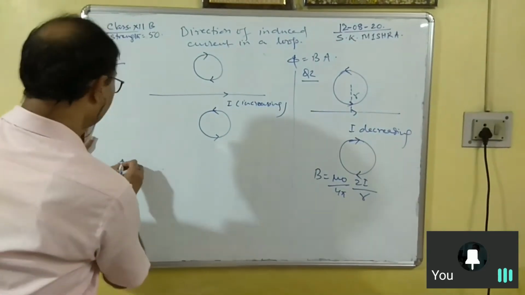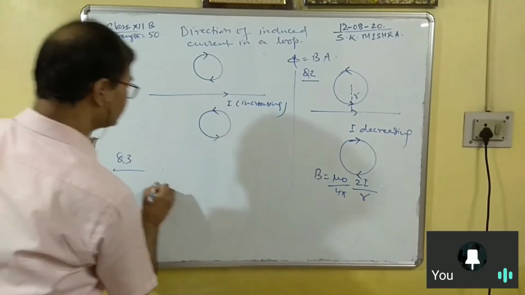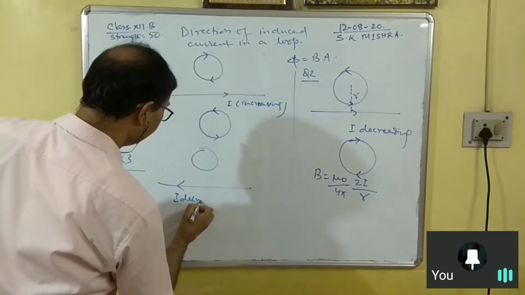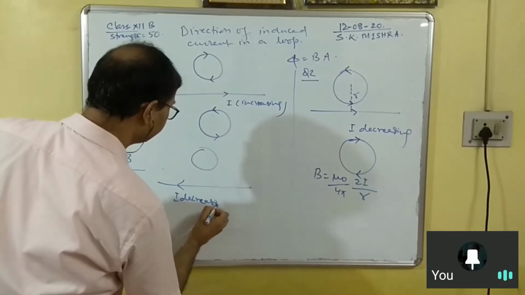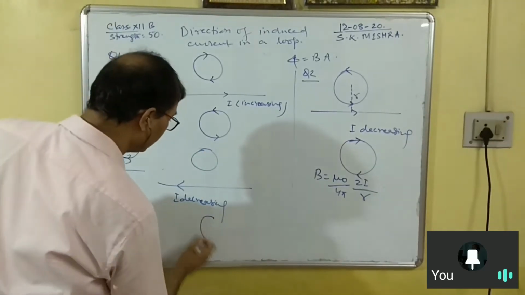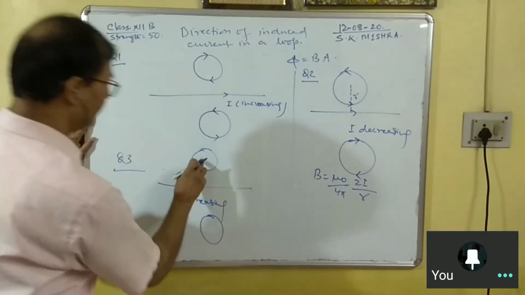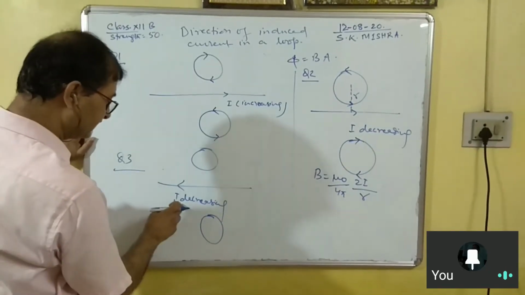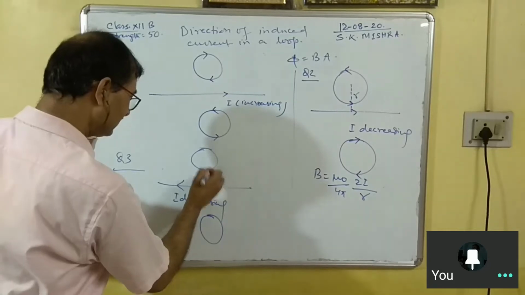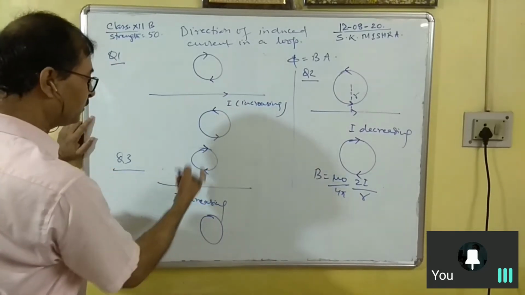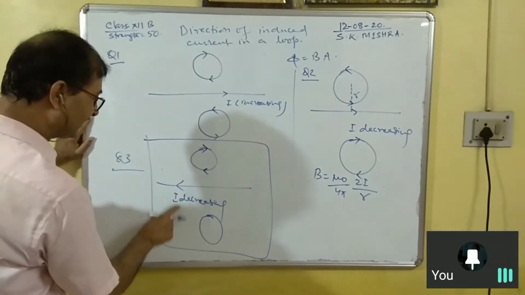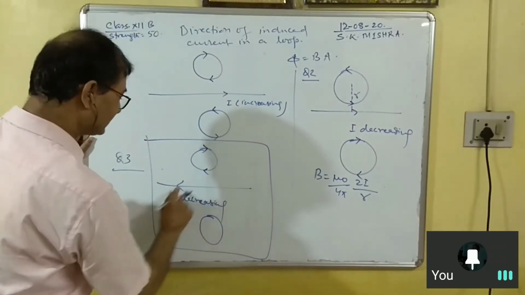Now I can ask you the other question. I is decreasing. Now tell me, in which direction will the current be induced in the loop? Upper loop, lower loop? Since I is decreasing, in the upper loop, clockwise, I decreasing, so the current will be in the same direction.